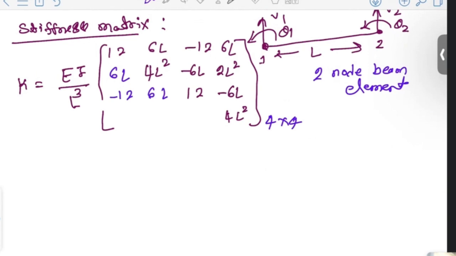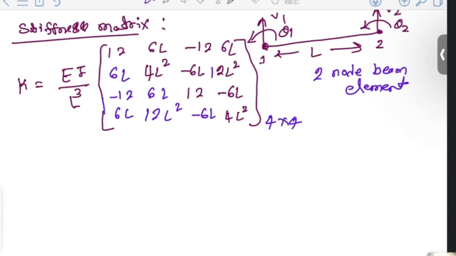Then this will be 4L square. Then 6L, then 12, and minus 6L. Okay. Then we will solve one problem so that it will be easy. One more thing I just want to highlight here.